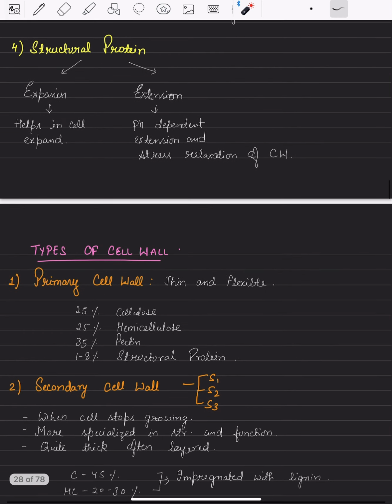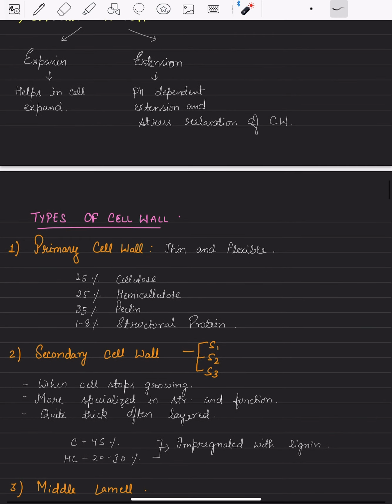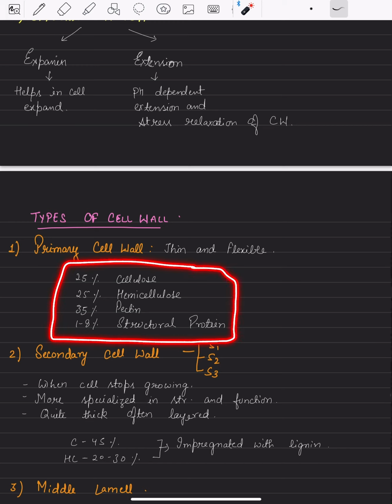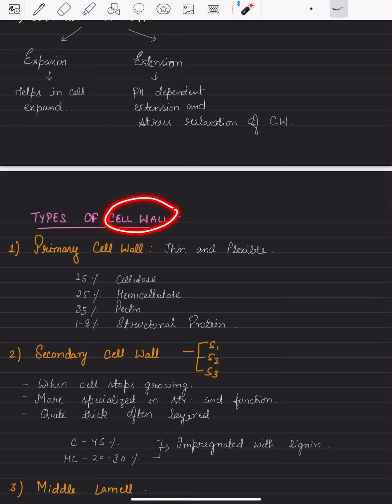Now coming towards the types, although we have discussed it, the main key point to be focused on here is the composition. Let me tell you that cell wall composition varies, depending on which factor.